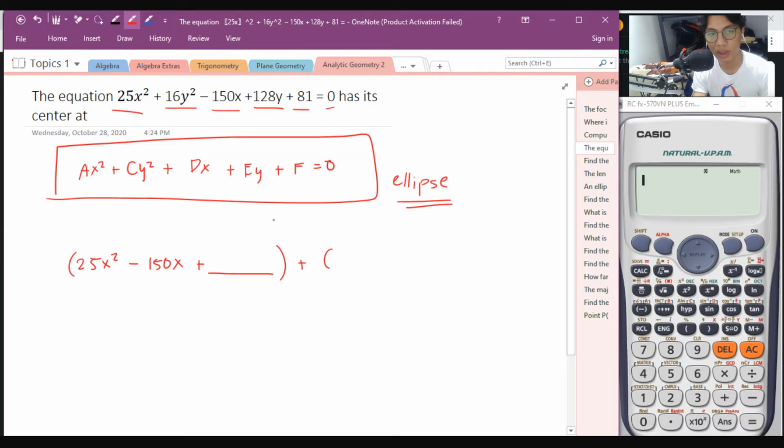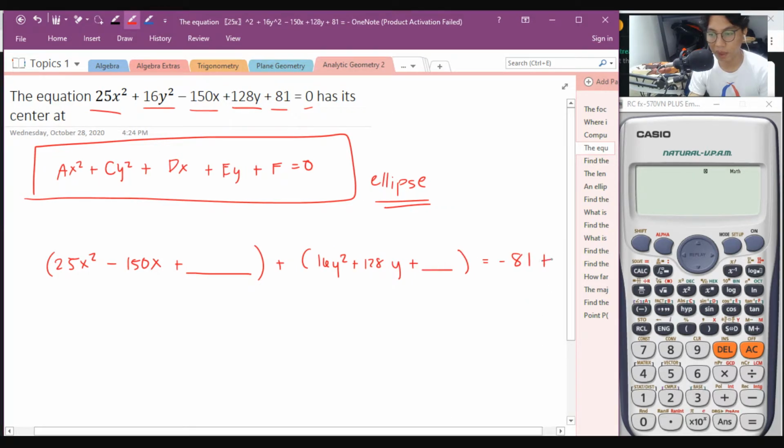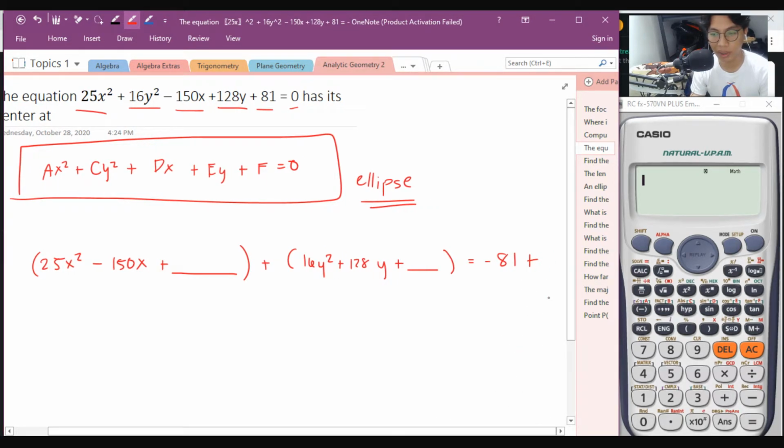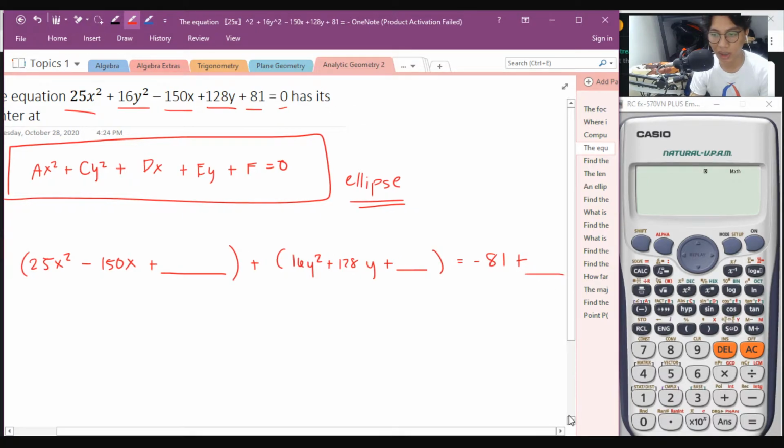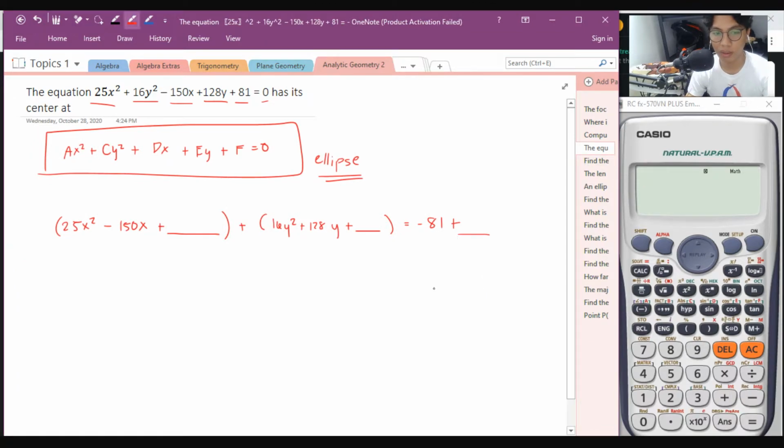Plus 16y squared plus 128y. Plus blank. Lipat ko na dito. Negative 81. O, problema mo dyan, magpa-plus ka pa dito kasi nag-plus ka dito eh.